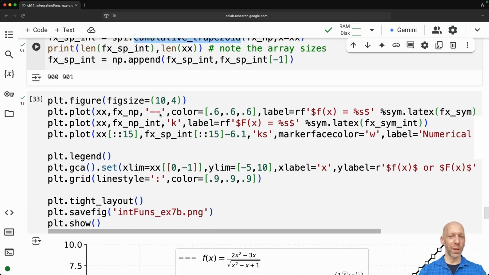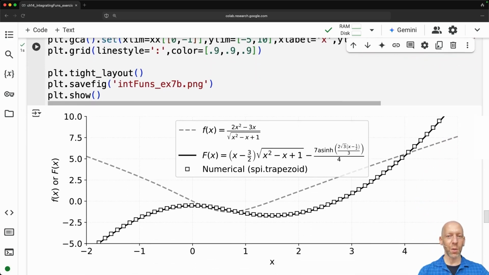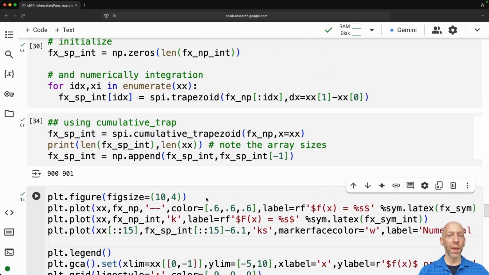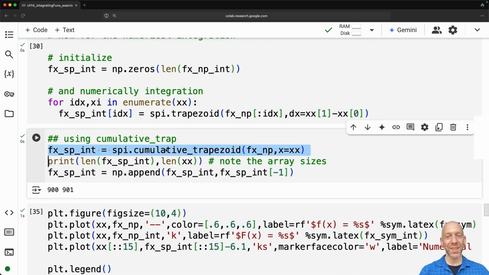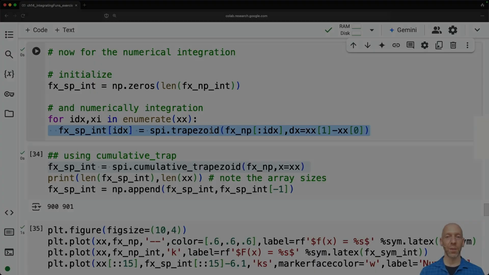Okay, I'm going to ignore that for a moment and get back to this plotting here just to show you that, again, we have exactly the same result. In practice, of course, it's better to use a function like this instead of having to deal with multiple lines of code and for loops and so on. But what I like about this manual implementation here is it really highlights the link between the definite integral and the indefinite integral.